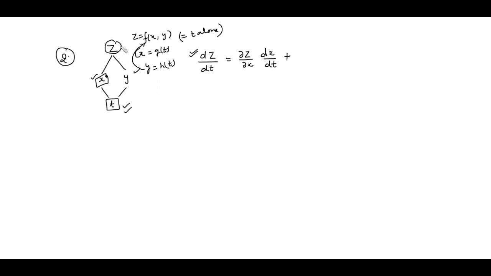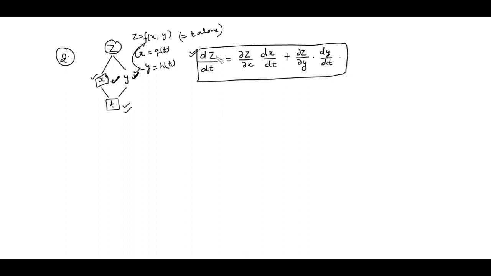The same way here, since z is a function of these two independent variables, so when you find out its derivative with respect to y, this comes out in the terms of partial. But since y is further a function of t alone, a single variable, so here we will write down dy by dt. So this is the chain rule, and you can find out the value of the derivative with respect to the single variable after applying the chain rule.